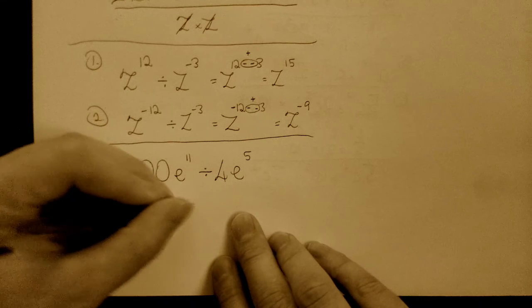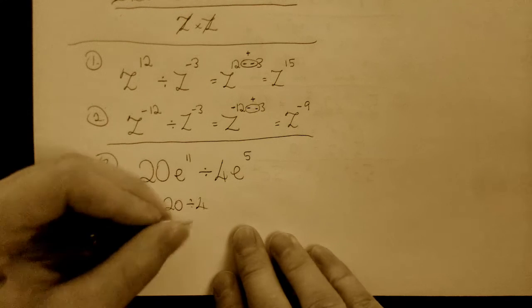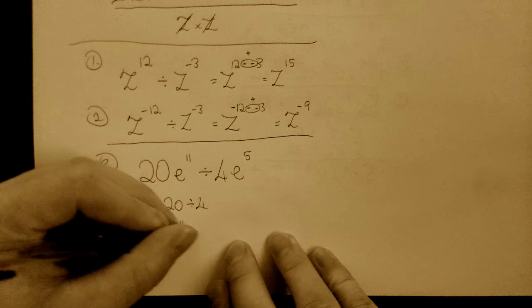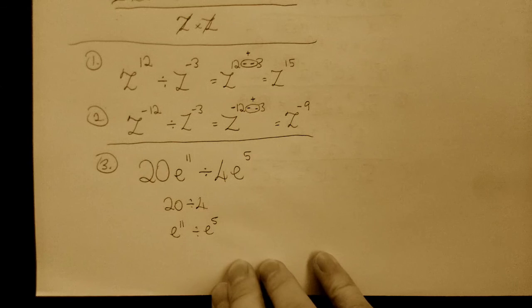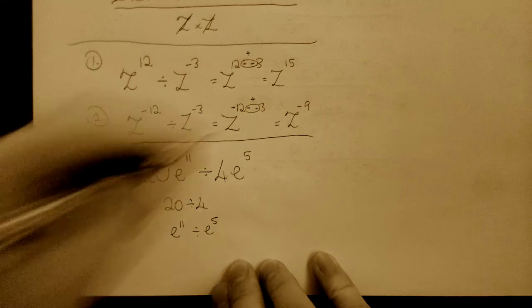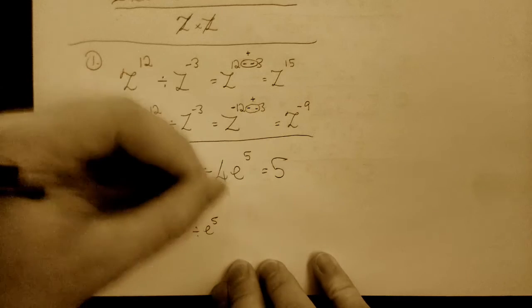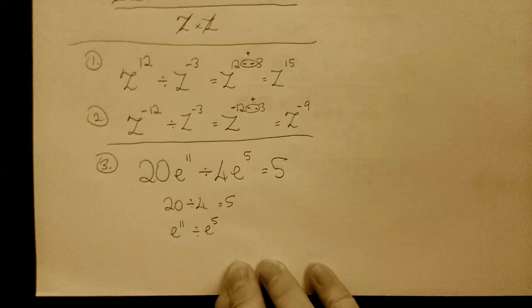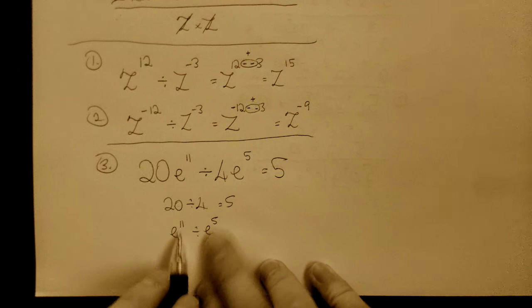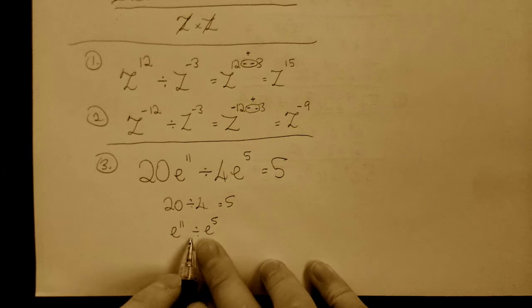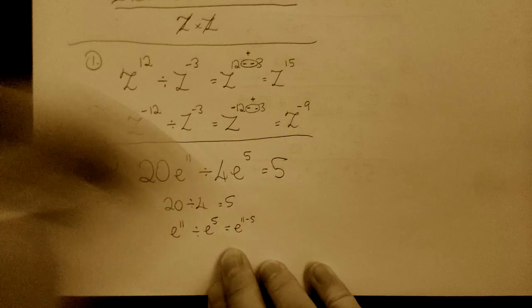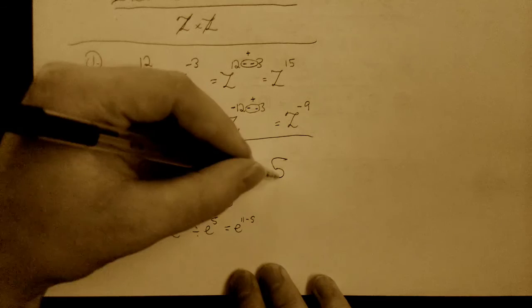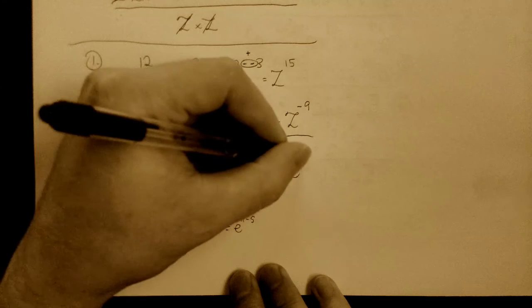So I can have 20 divided by 4, and I'll have e to the power of 11 divided by e to the power of 5. 20 divided by 4 is 5. I need to subtract the powers because it's division. So it's 11 take away 5. So my answer is 5 e to the power of 6.